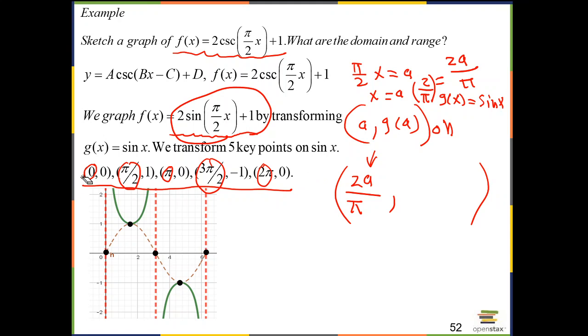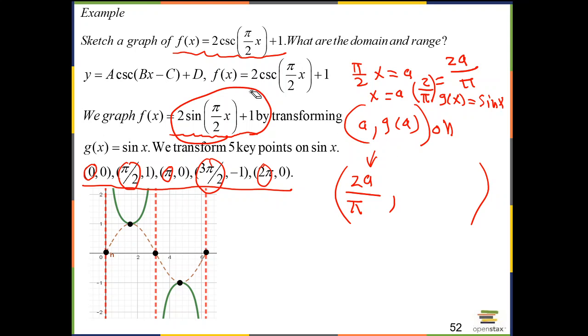So for example, the first one would be 2 times 0 over pi, which is 0. 2 times pi over 2 is pi, over pi is 1. 2 times pi over pi is 2. 2 times 3 pi over 2 over pi is 3, and so forth. I'm going to show you in a second the work. But the x coordinates transform this way.